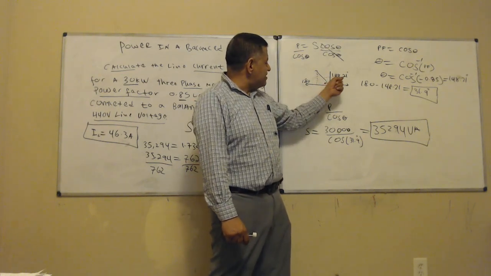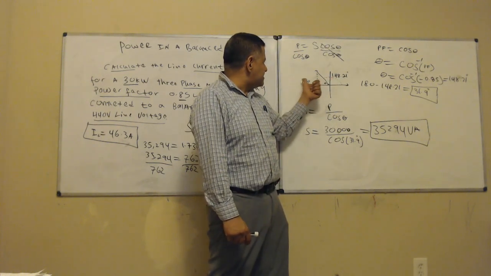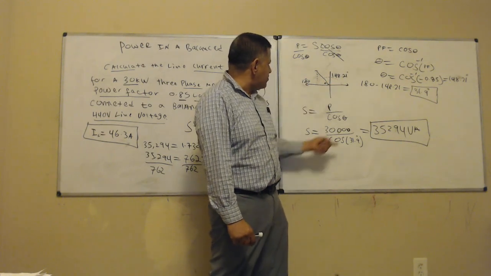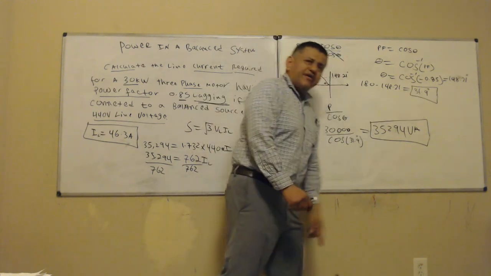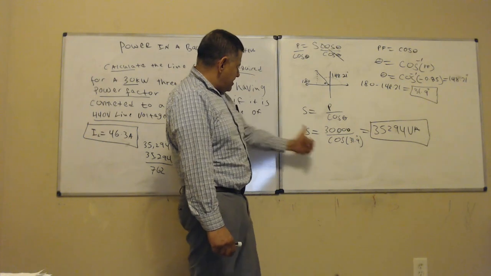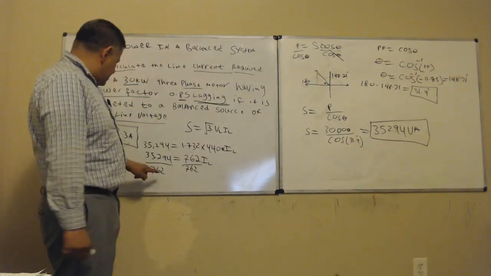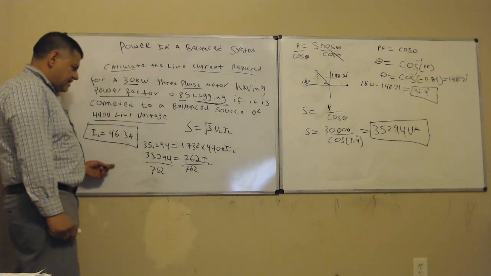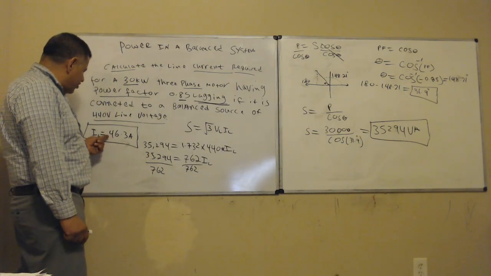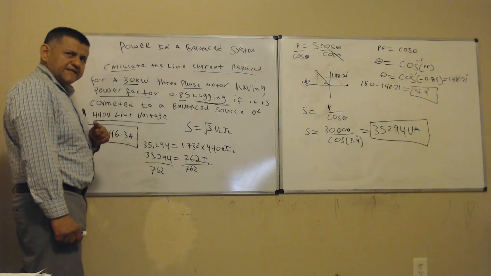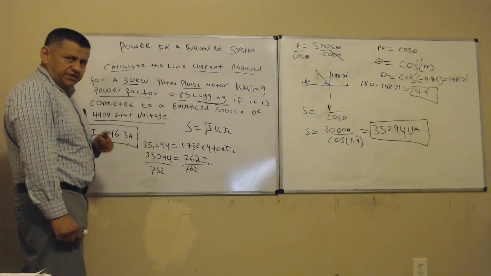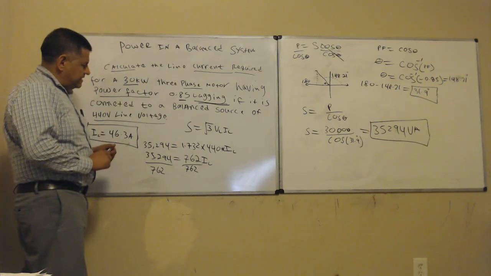You got a 180, you got that minus this minus that, giving you that right there. And then you're playing with your little formulas, and you found out that I is equal to 46.3 amps. Beautiful.